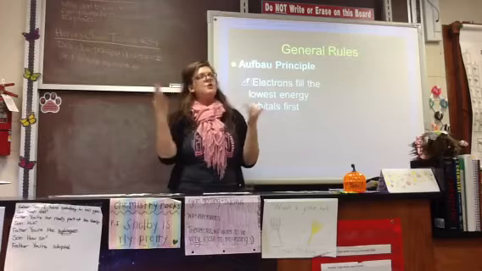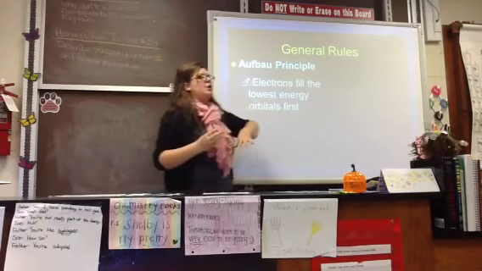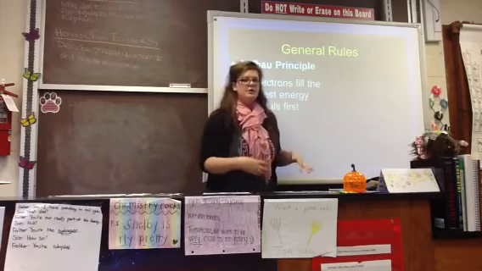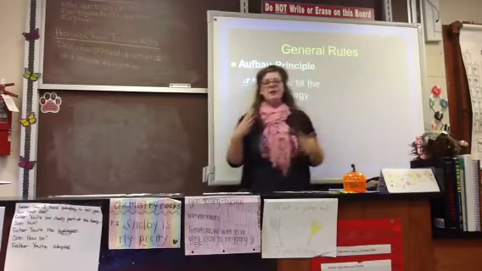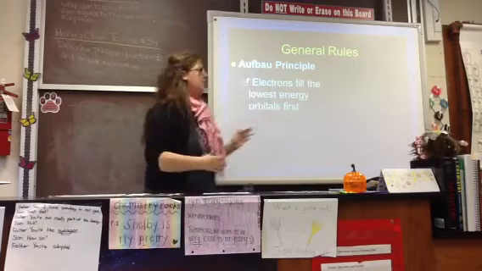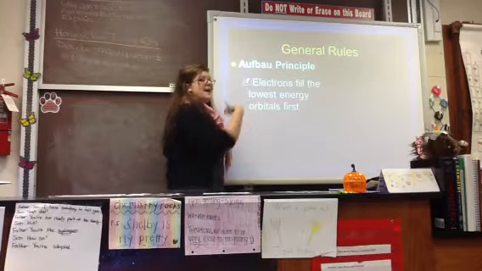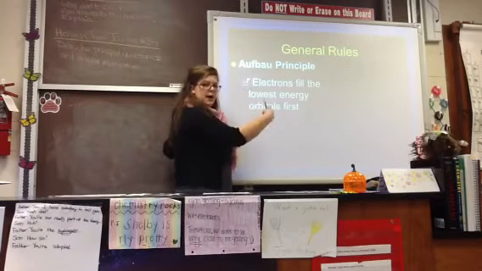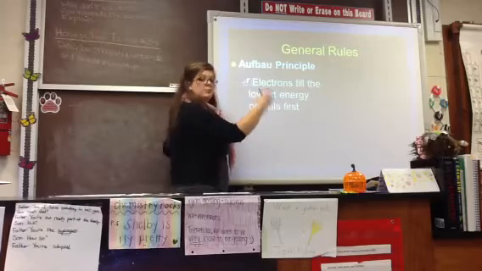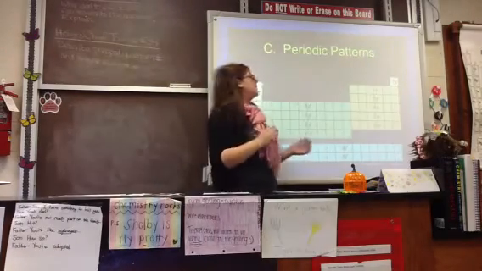And that should make a little bit of sense. We need to make sure that we're putting in a little amount of energy, then we can go to a higher energy, and then a higher energy. It's just kind of going in order. So electrons fill in the lowest energy levels first, and then they can move up to a higher one, fill all of those in, move to a higher one, fill all of those in, move to a higher one. Let me show you what I mean by this.